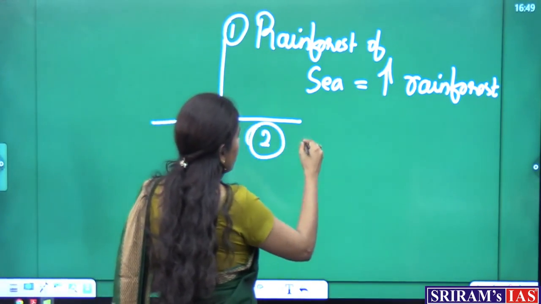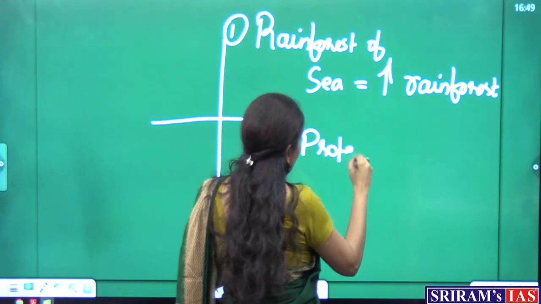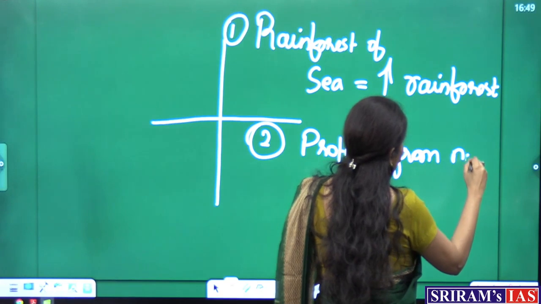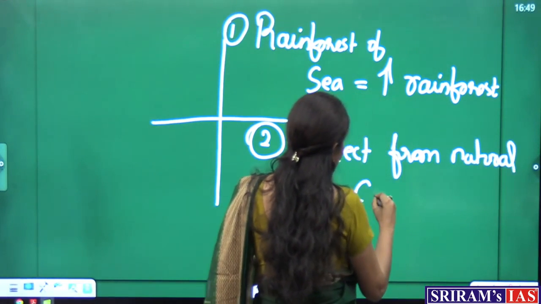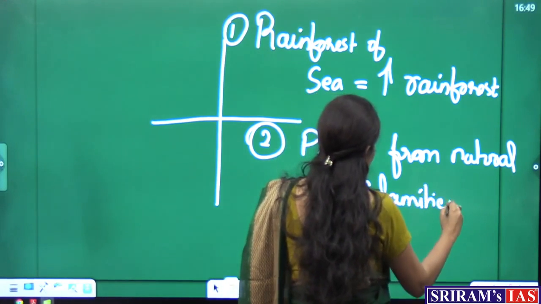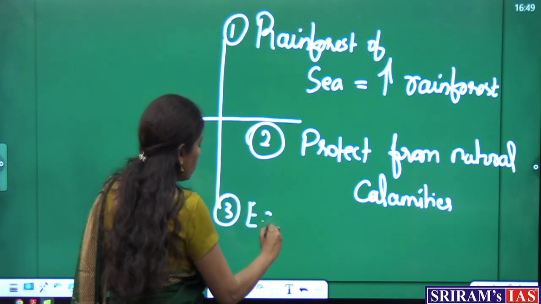Okay. Then it protects people from natural calamities, like wave action, coastal erosion, storm surges, etc. Third, it provides economic benefit to people. How?